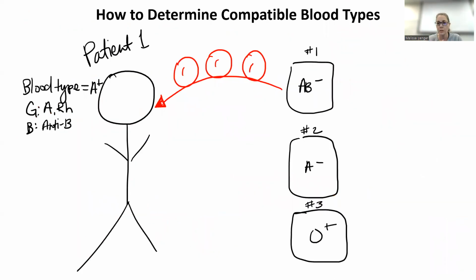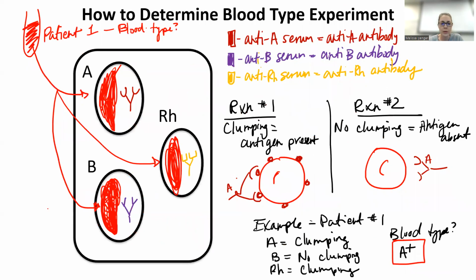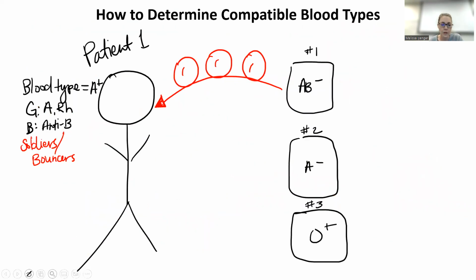So we have to give a transfusion of blood, which means we're taking our red blood cells, and that also means that this patient has red blood cells, but inside there's those soldiers or those bouncers. Remember, that's our antibodies. So in this case, our B was purple.